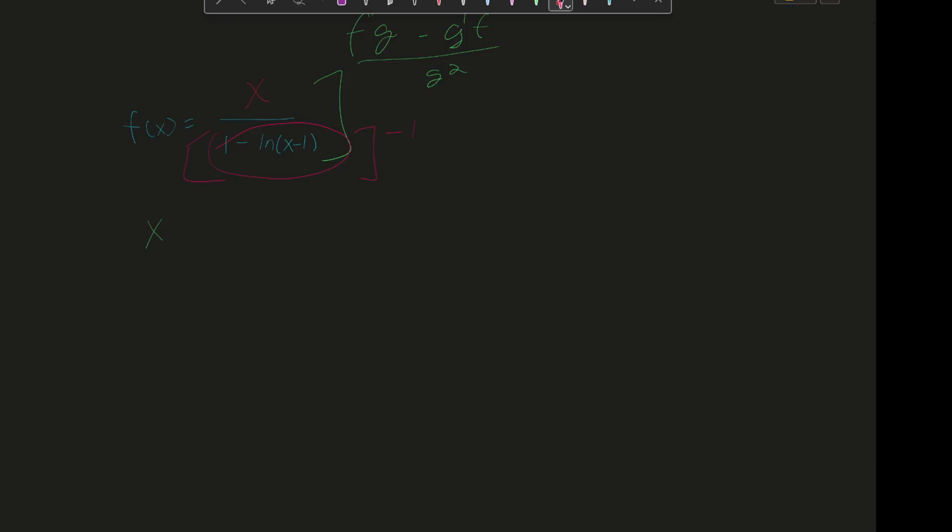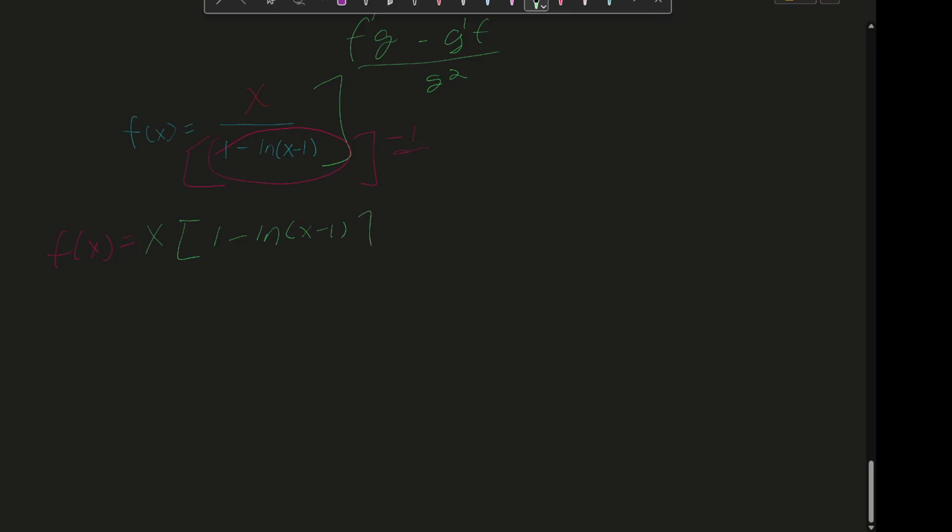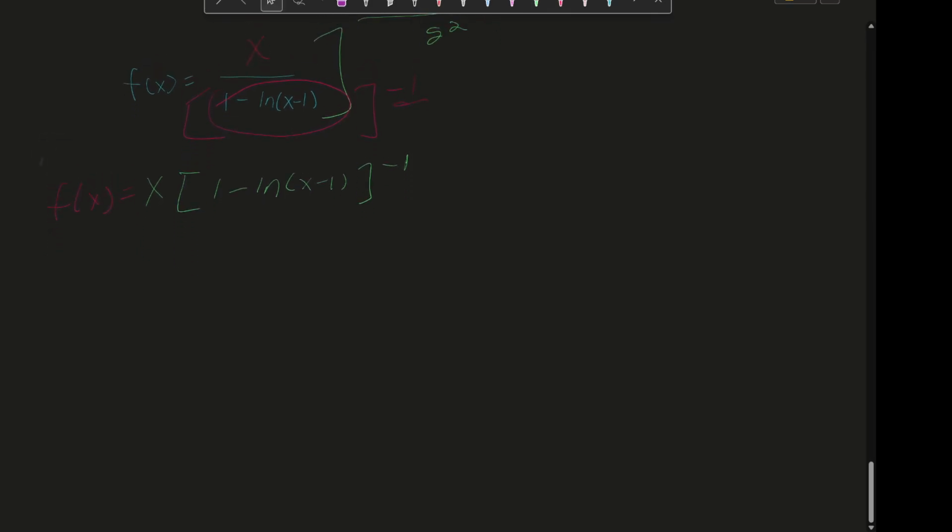You're going to have to recognize it as to the -1, and either way, you still have to deal with that derivative. So I'm just going to choose to rewrite it as f of x equals x times 1 minus ln of x minus 1, and that'll be to the -1. Since it's in the denominator, it'll just have a negative exponent.